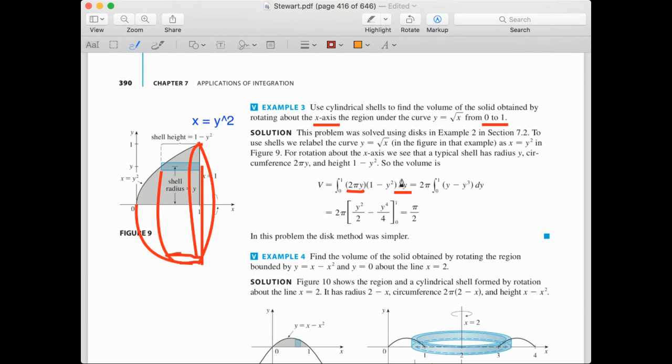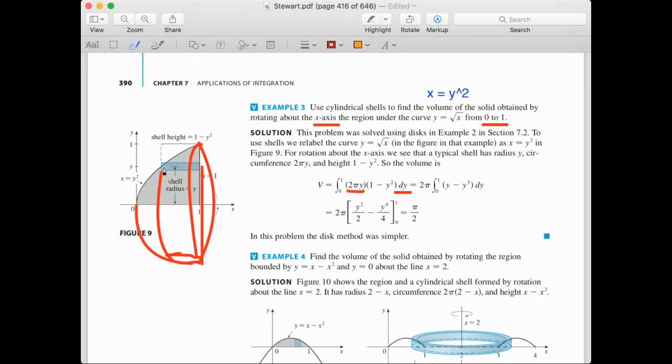Because we're cutting along y, we want the integrand represented as a function of x in terms of y. So we solve for x: we square both sides, and x equals y squared.